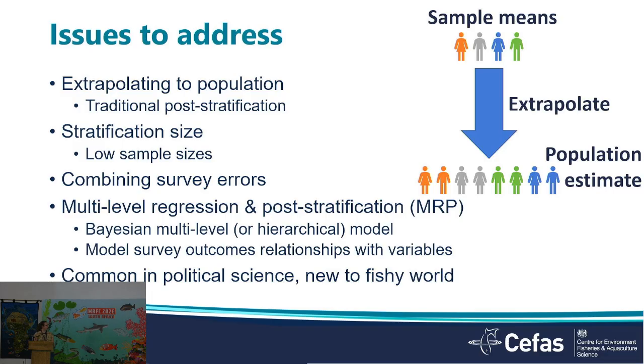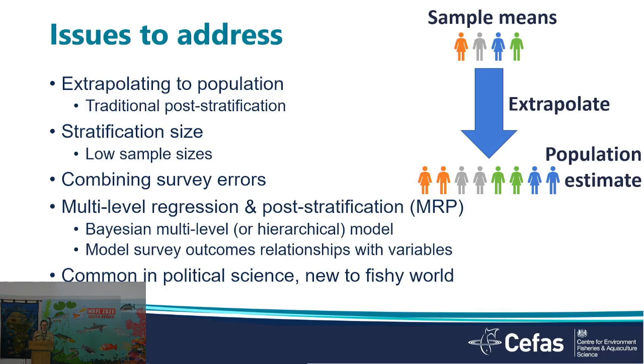To get the best averages, you normally split the population up into as many strata as possible, but that then leads to problems with sample sizes, and there are also issues combining errors across multiple surveys, since you have to make lots of assumptions about the distribution across all of the different surveys.